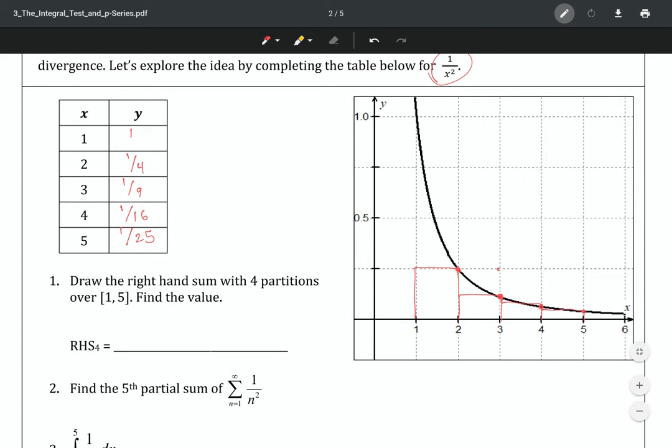And the height, since the width is 1 for all of these rectangles, then 1 times 1/4 is 1/4, 1 times 1/9 is 1/9. So it turns out that this is all of the areas.